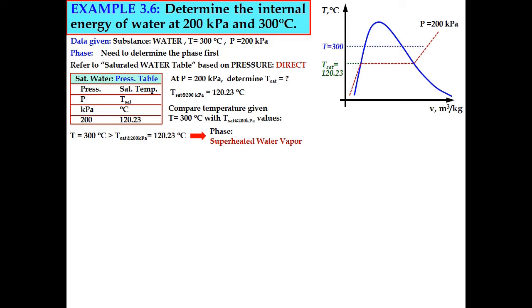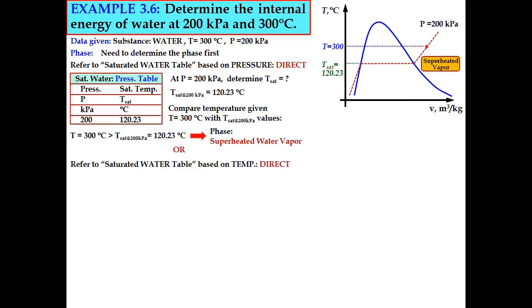Now we plot the temperature given by drawing a horizontal line at 300 degrees Celsius and find the intersection point with the constant pressure line. The intersection point will be within the superheated vapor region, which confirms the phase of the state.